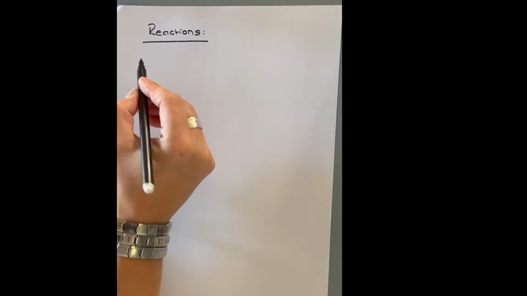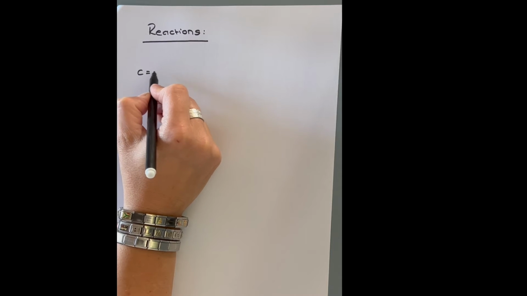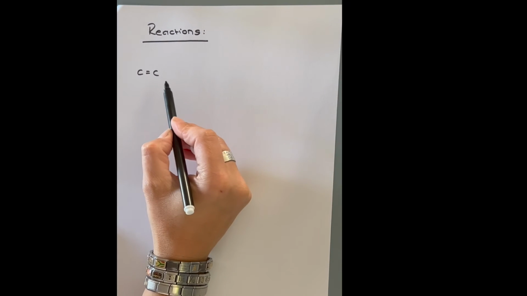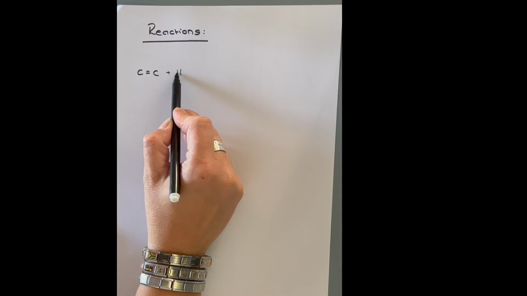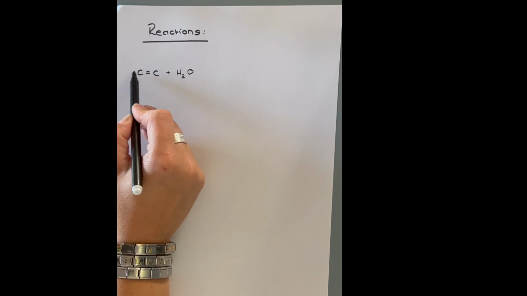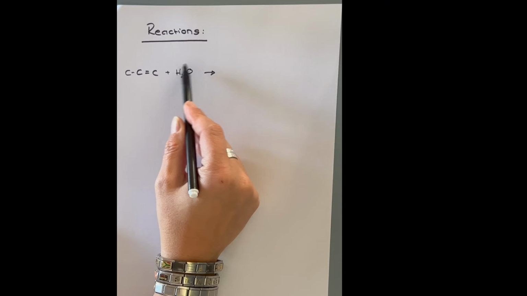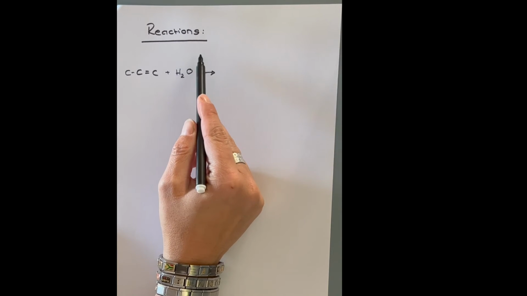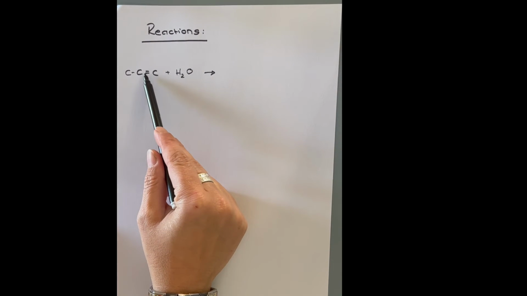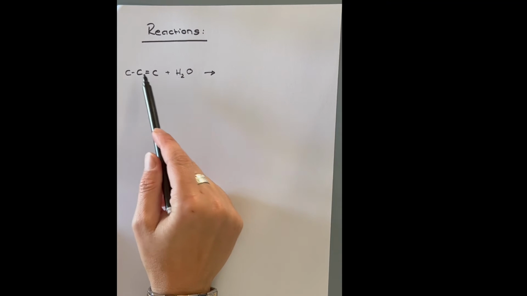So the first one, if we have an alkene and we're adding water to it, put another C there. What's going to happen is, remember with the H2O, we're adding H's and OH's. So one of these arms will open up and grab onto the H, another of these arms will open and grab onto the OH.